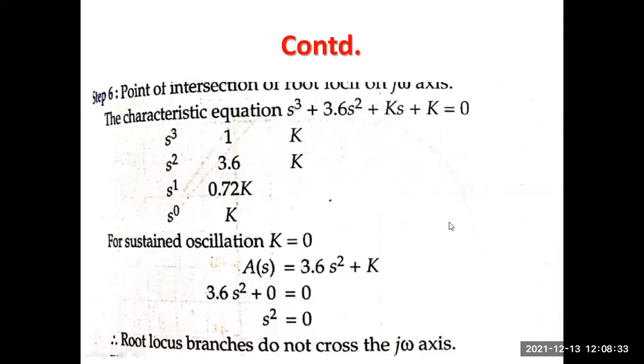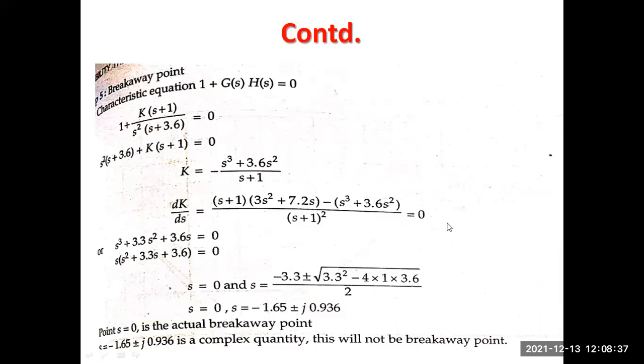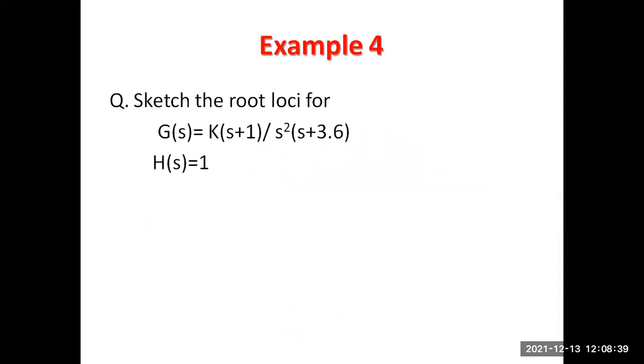So now you calculate the point of intersection and the value of K for the system to be stable. You apply Routh array, and calculate what are the roots which will intersect at the imaginary axis.